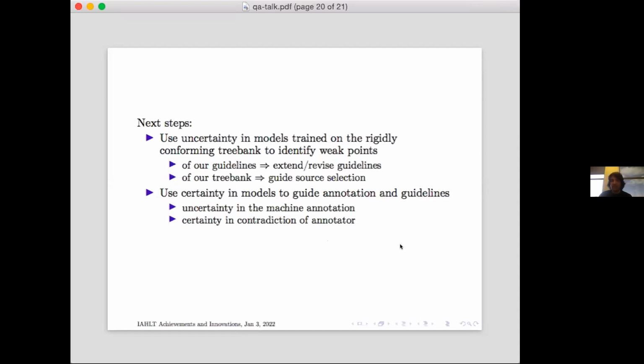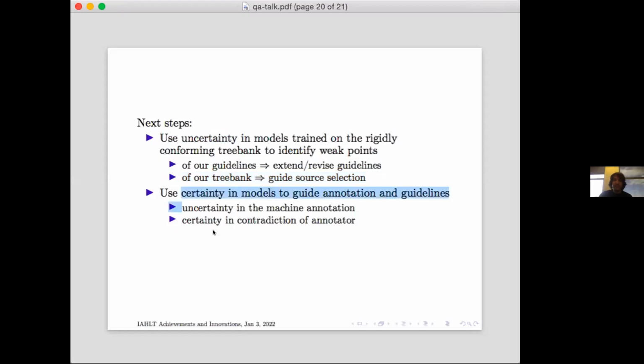So maybe the places where our model makes non-confident or tentative suggestions, that's either a suggestion to us that we need to extend or revise our guidelines because the model has seen multiple ways to do something, and it's not sure which it should choose, or it could be an indication that the model hasn't seen enough of this, and we need to find more sources that exhibit this phenomenon so that the model can grow more confident. So that's how we use uncertainty.